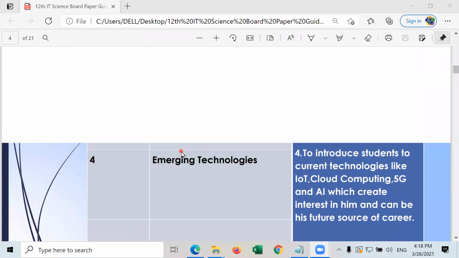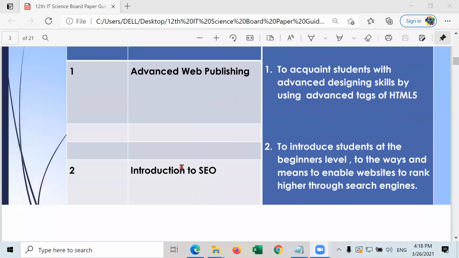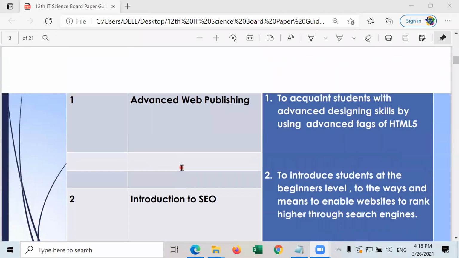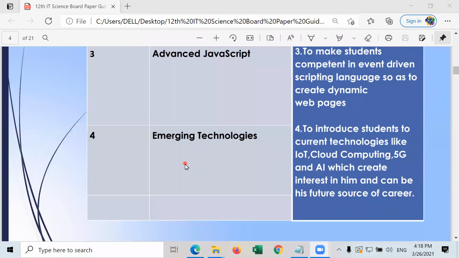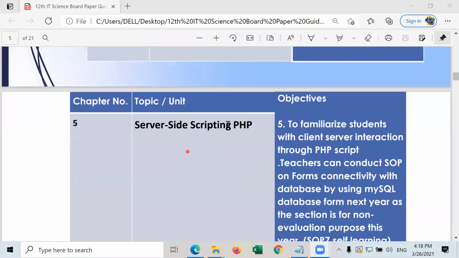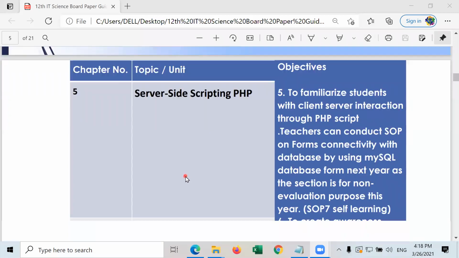Now, out of these 6 chapters, first chapter and third chapter, that is advanced web designing and advanced JavaScript, and the fifth one also, server-side scripting PHP. These 3 chapters are technical. Means what? In these chapters, you have studied HTML, then you have studied JavaScript, you have studied PHP.